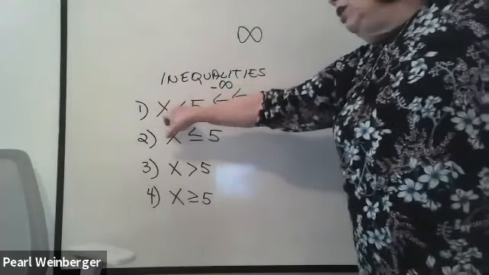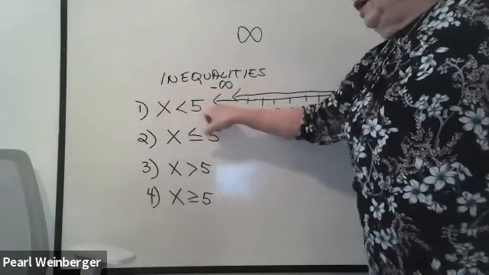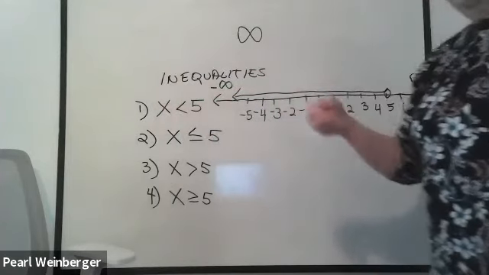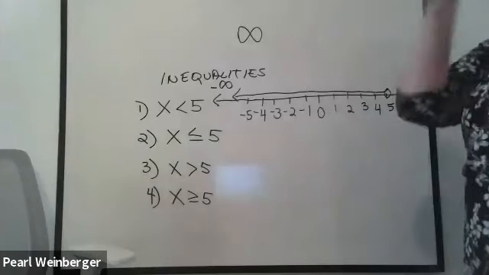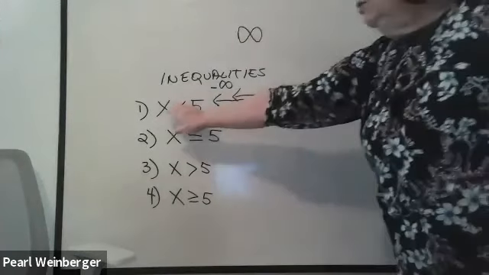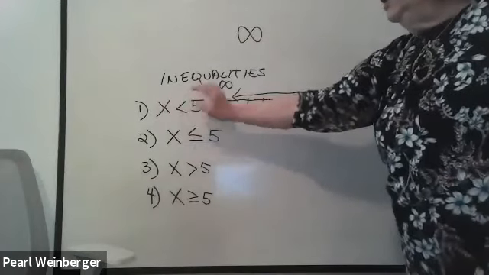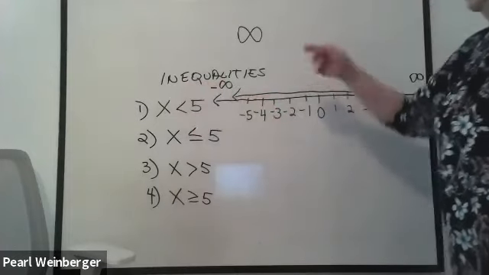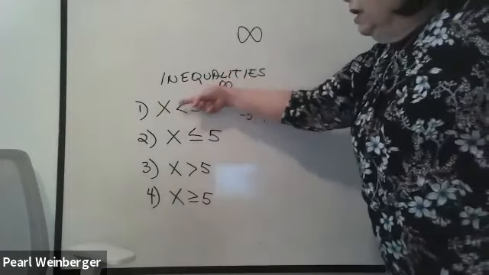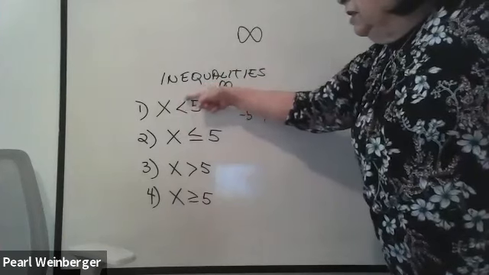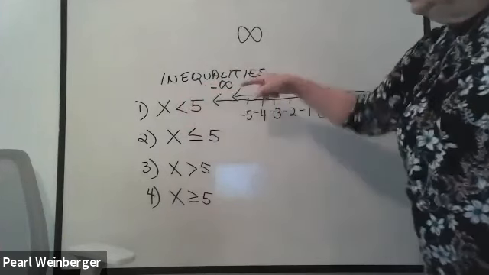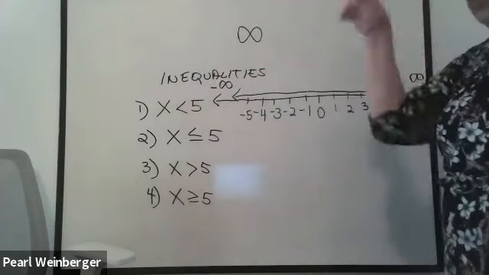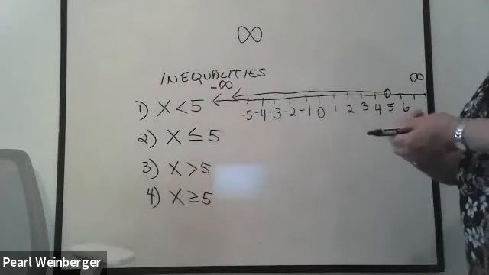Sometimes you'll see 5 greater than X, but that's not really the correct way to write an inequality. An inequality is always written starting with the X on the left side, then your inequality sign, and then your number. If you have it written that way, the inequality sign looks like an arrowhead and it's pointing in the right direction.